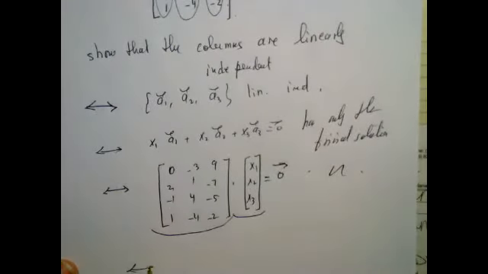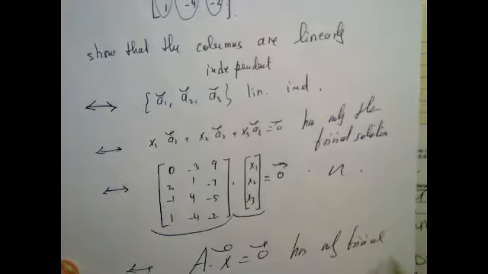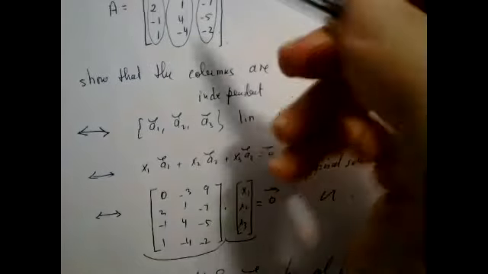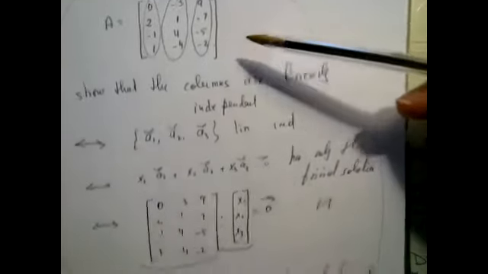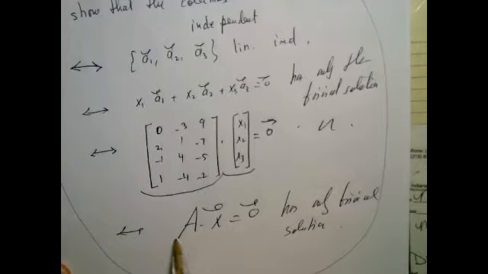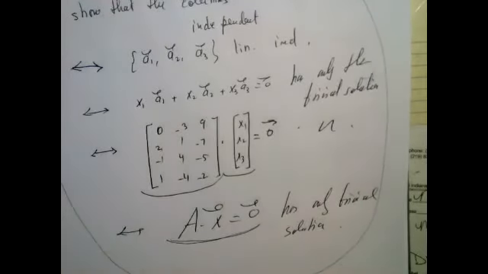So it's basically showing that the homogeneous system Ax equal to 0 has only the trivial solution. This is just a connection: showing that the columns of A are linearly independent is showing that the system Ax equal to 0 has only the trivial solution.